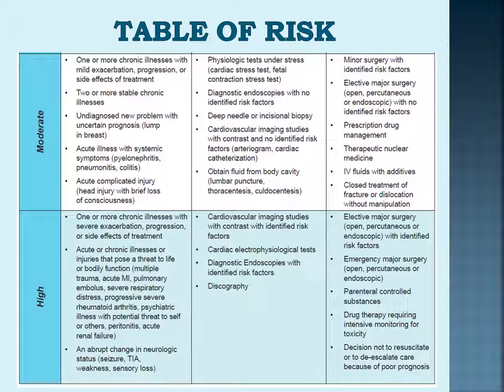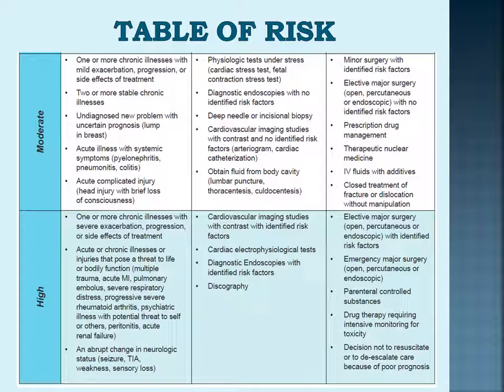As we move up that table of risk to moderate and high, you can see now we're adding many layers of chronic illnesses with exacerbations, side effects of treatments, undiagnosed new problems, acute illness with systemic symptoms. They give the example here of pyelonephritis. You could have scarlet fever, acute complicated injuries.